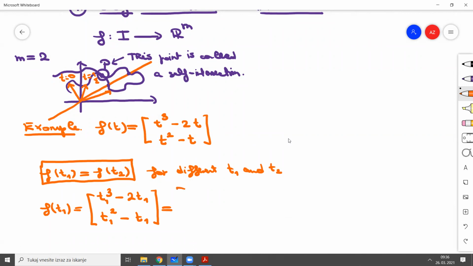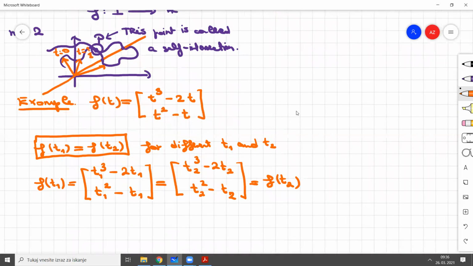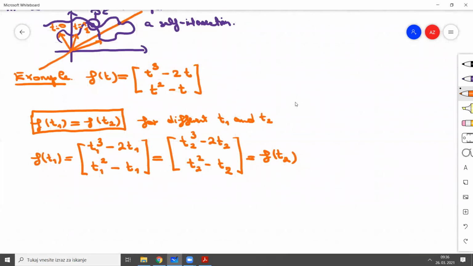And this should be the same as t2 cubed minus 2t2, and then the second coordinate function is t2 squared minus t2. So these two are the conditions for self-intersection.